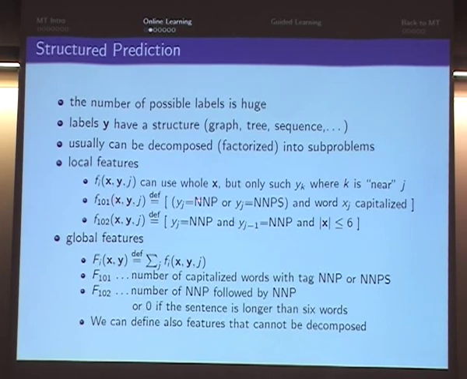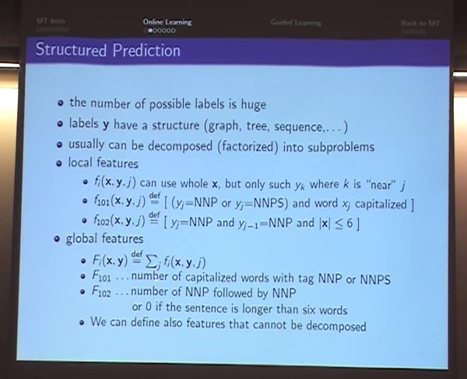You can have a feature, here is a conjunction as it was before, and this bracket means that the value of this feature is either 0 or 1. The similar feature here for the whole sentence can be defined using this formula, and then it's just a sum of the local features. So this is the number of capitalized words which were proper nouns, either in singular or plural.